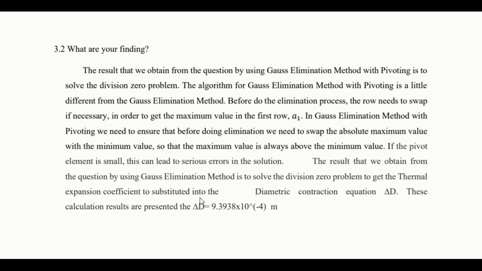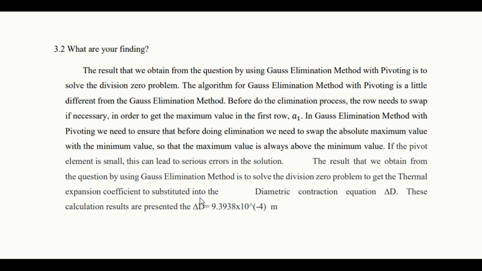Before the elimination process, the rows need to be swapped if necessary in order to get the maximum value in the first row, A1. We need to ensure that before doing elimination, we swap the absolute maximum value with the minimum value, so that the maximum value is always above the minimum value. If the pivot element is small, this can lead to serious error in the solution.